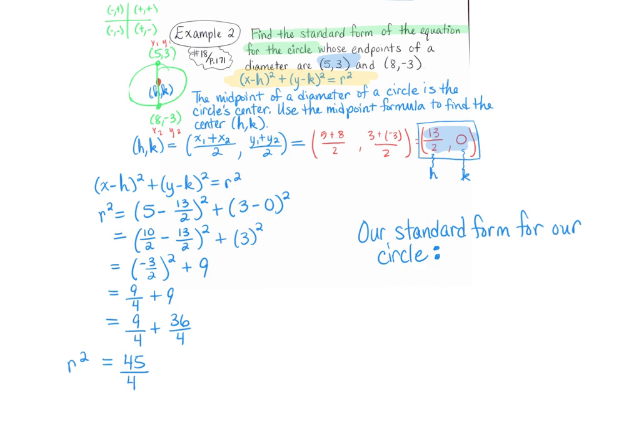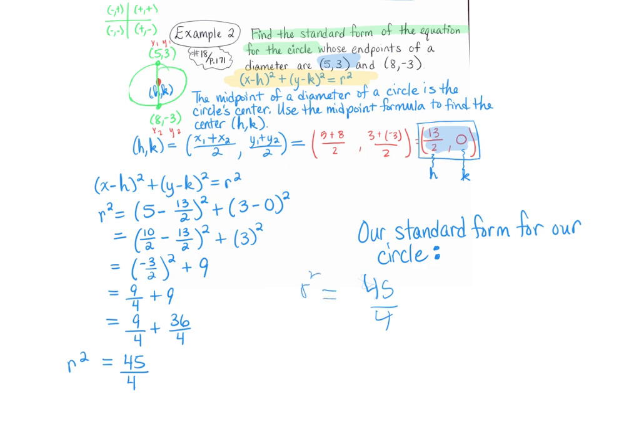Okay, so originally we got r squared is 45 over 4. That was r squared.